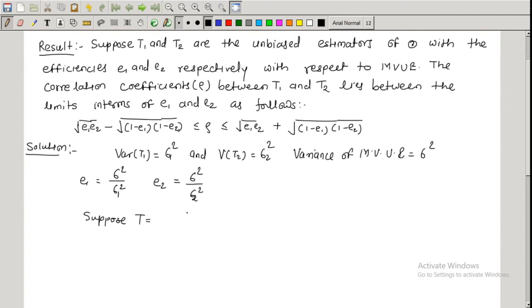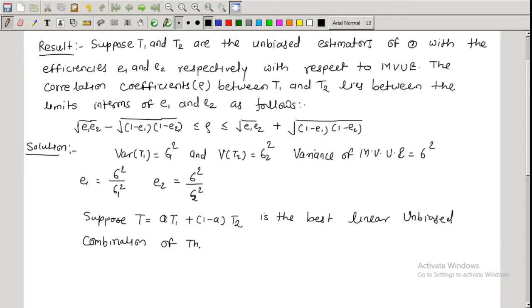Suppose T is equal to A into T1 plus 1 minus A into T2, the best linear unbiased combination of the estimators T1 and T2.